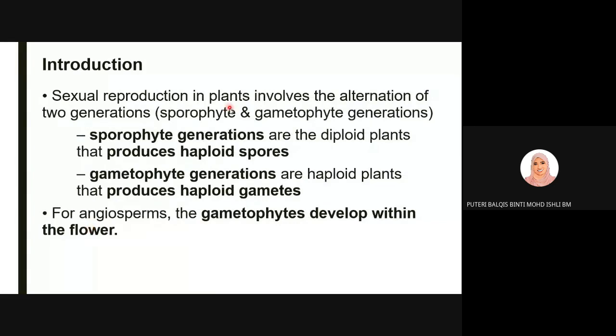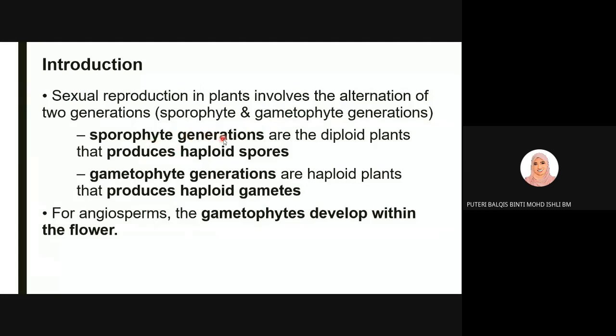Alright, sexual reproduction in plants. Kalau dalam plants, it involves the alternation of two generations. Alternation of two generations maksudnya ada dua generasi yang bergilir-gilir. Apakah generasi tersebut? Sporophyte generation and gametophyte generation.